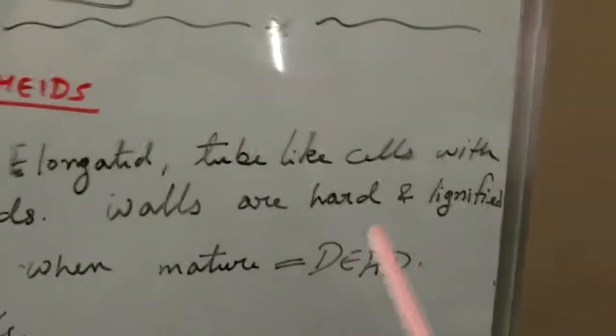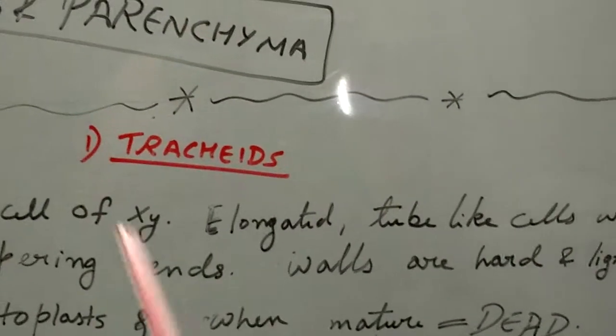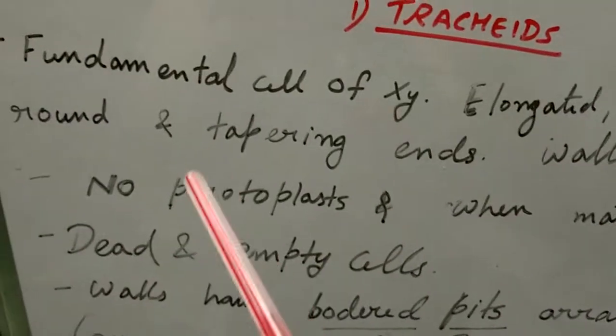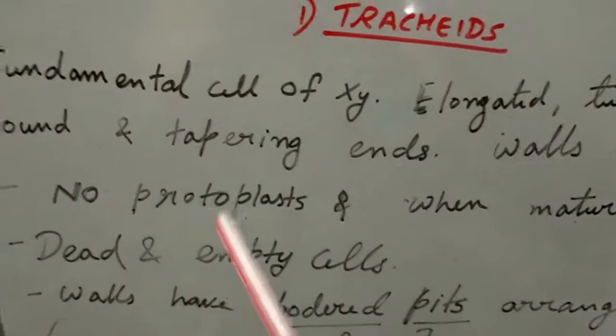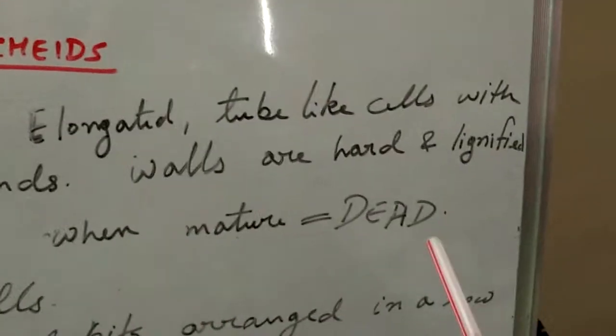Walls are hard and lignified. From this you can conclude that tracheids are dead. Tracheids have no protoplasts, and therefore when they are mature they become dead.